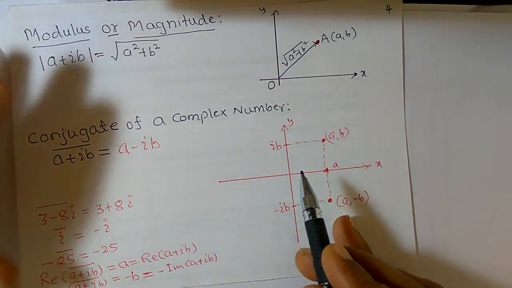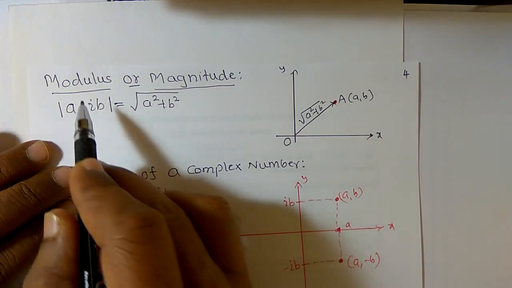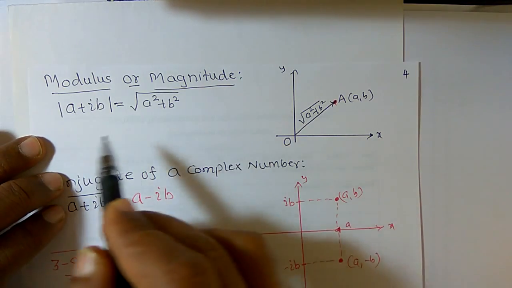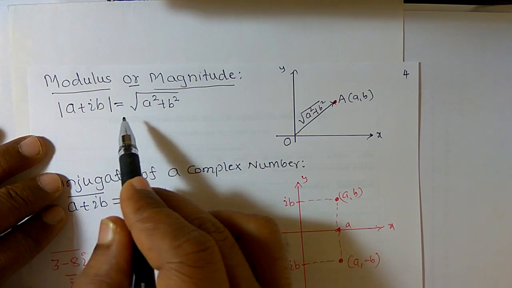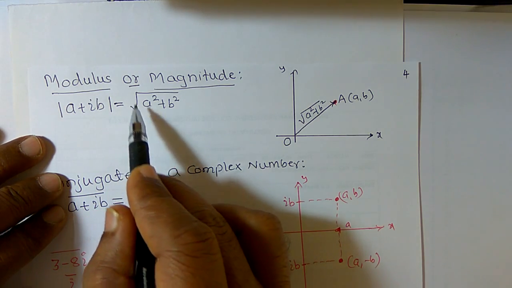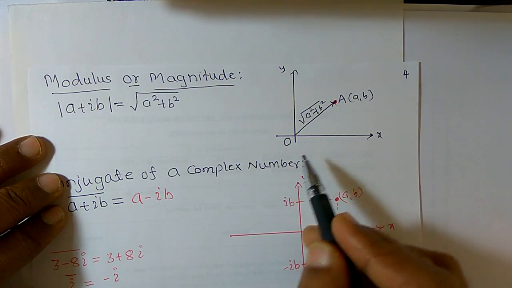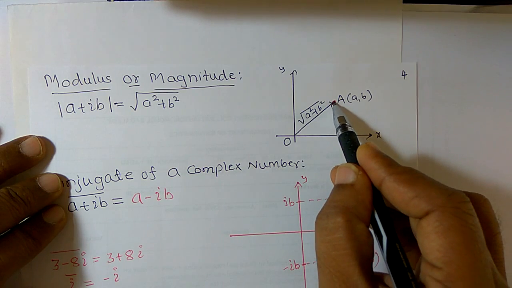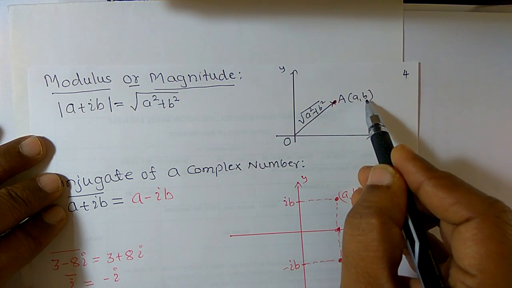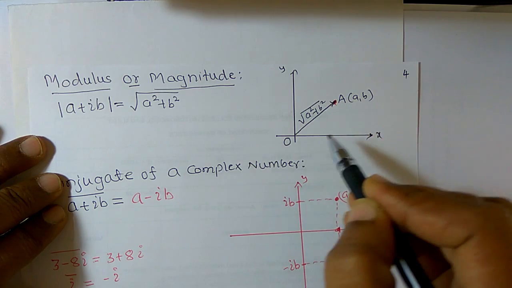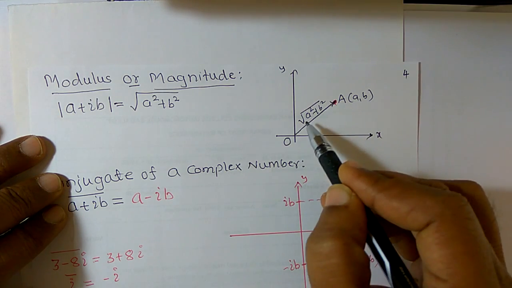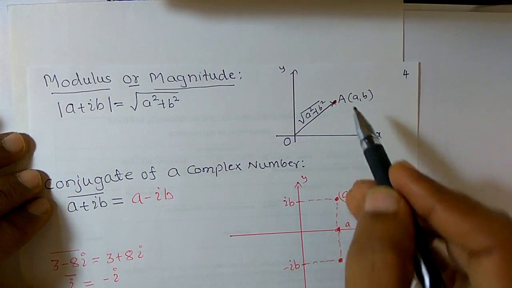Right? So now I want to concentrate on modulus or magnitude. How are we going to represent the modulus of a complex number? Mod of a plus ib is equal to the square root of a square plus b square. Right? So diagrammatically it represents a point a comma b, and you can draw a vector OA. So what is the length of OA? Square root of a square plus b square.